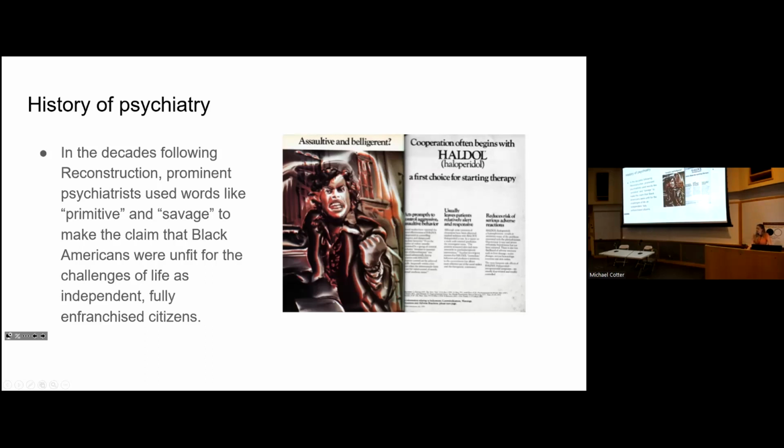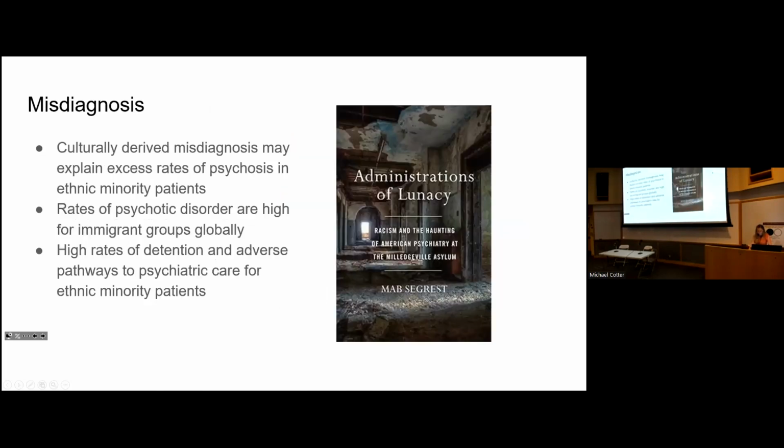Numerous studies have shown that our very white profession has not done well understanding Black expressions of emotion and conflation of distress with anger, which has led to an underdiagnosis of major depression, especially in Black men, and an over-reliance on antipsychotic medications in this population. So these kinds of culturally derived misdiagnoses can explain excess rates of psychosis in ethnic minority patients.